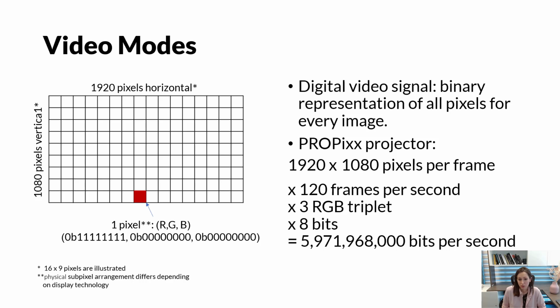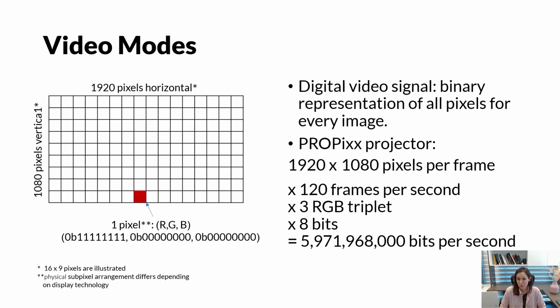The Propix projector uses dual link DVI, which means that at its native 1920 by 1080p resolution, it can receive 120 independent images. In other words, every image comprises over 2 million pixels, and each of those can be refreshed 120 times per second. That means that information about the content of 250 million pixels is transferred every second.